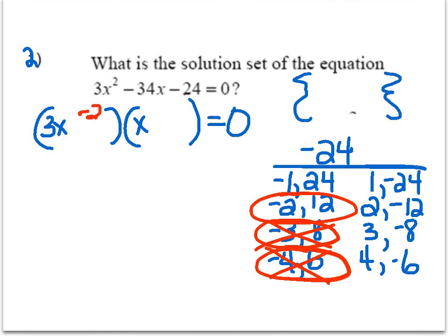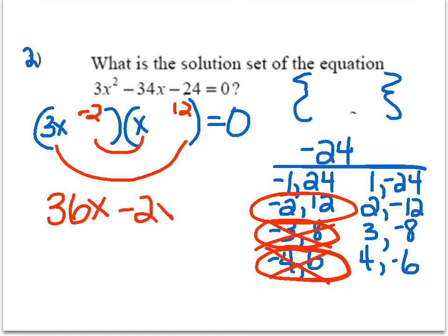If I put a -2 here and a 12 here, I get 3 times 12 is 36x. And I get -2 times x is -2x. Well, that gives me 34, but it gives me a positive 34. So maybe I just need to switch my signs and it'll work.